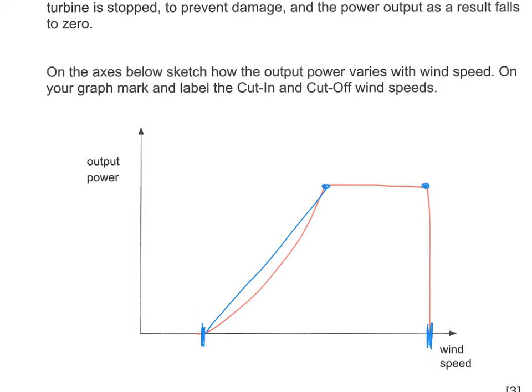You could just as easily have drawn a straight bit. But cut in, cut off, reaching a max value and staying at that max value for a period of time until it reaches the wind speed where it has to be shut off. So these 4 points are important. How you get from here to here is not really massively important, as long as you do have a value that increases.